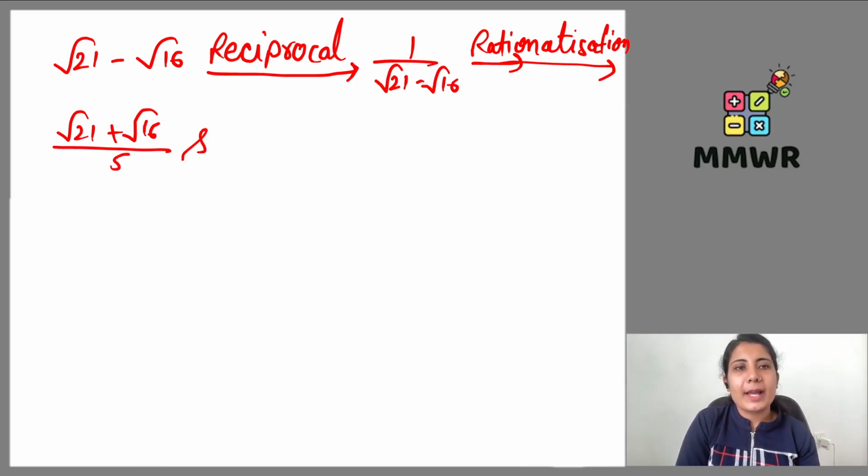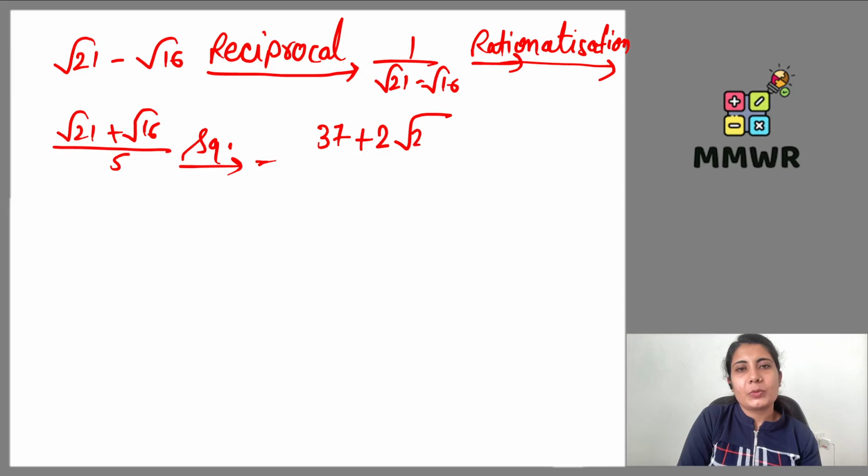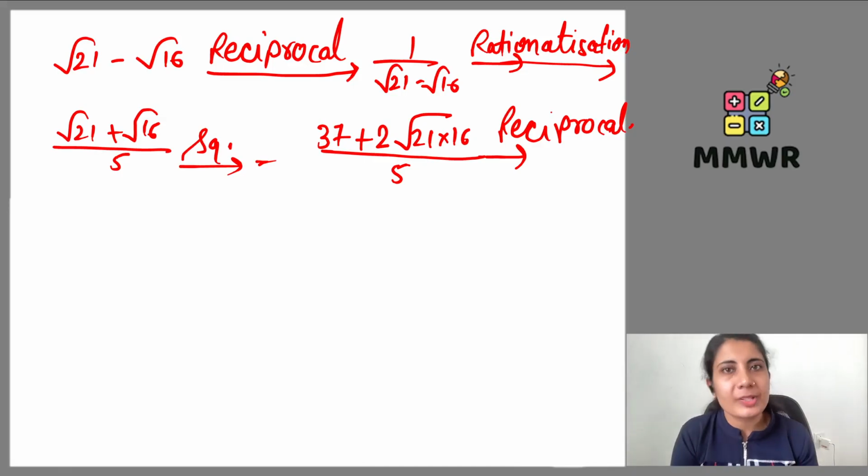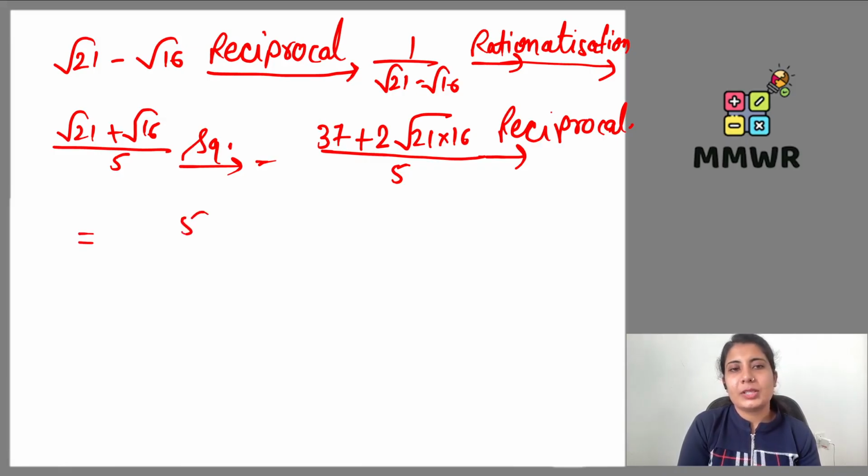Then I will take the square, which gives me 37 plus 2 root 21 multiply 16 upon 5. Then again I will take the reciprocal, because this is not the final answer. At the end I have to take the reciprocal again because I took it at the starting as well. So this gives me 5 upon 37 plus 2 root 21 multiply 16.